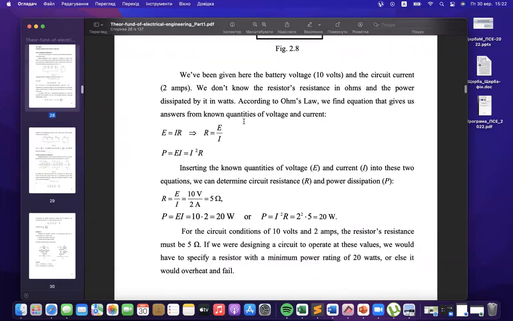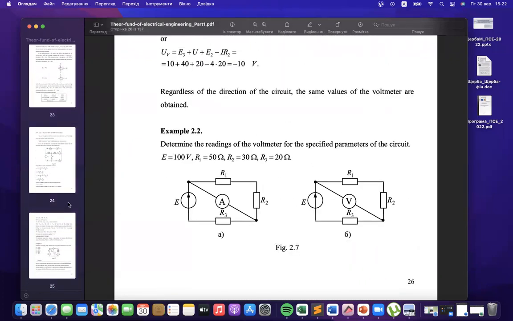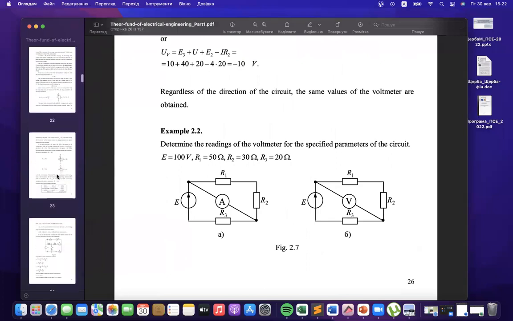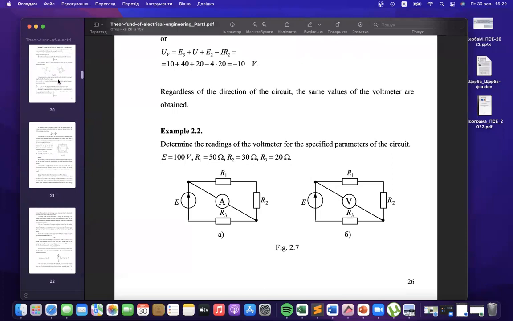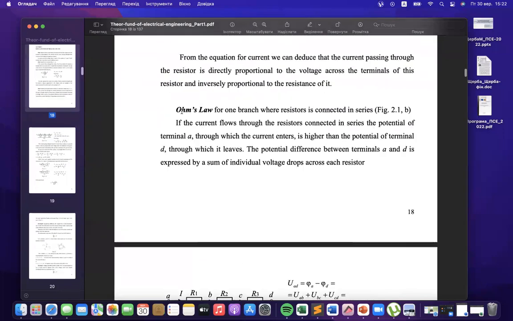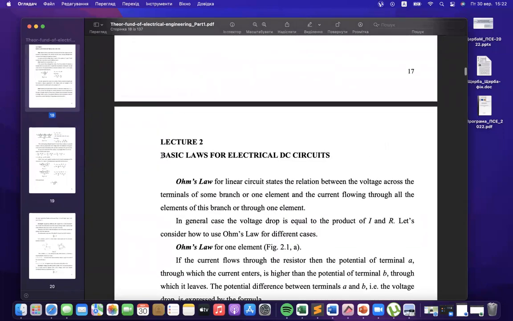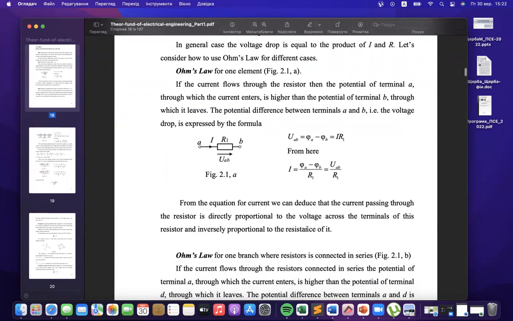For now, let's return to the main laws, because this equivalent transformation we will need further for simplification. Let's return to their basic three equations.